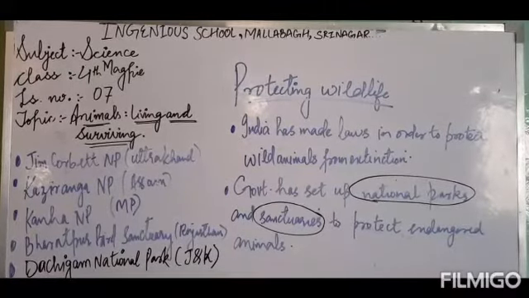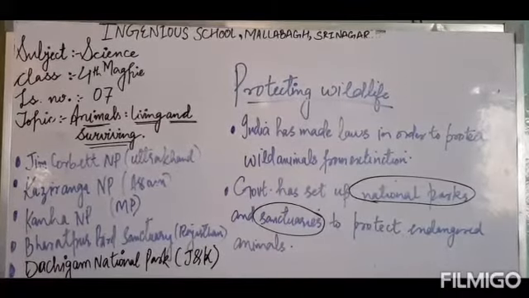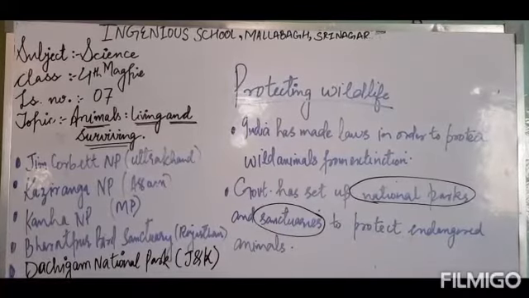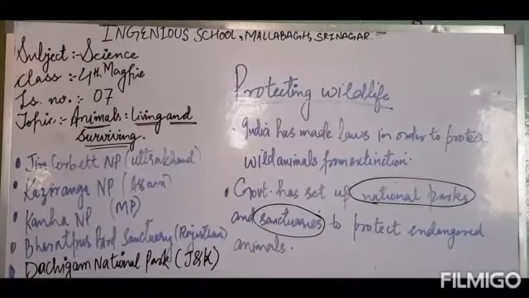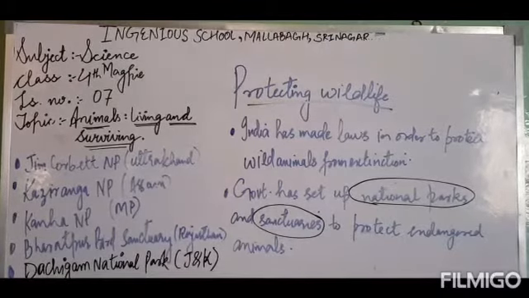And if someone is found guilty, he or she is punished as per the law. Got it? Also, the government has set up national parks and sanctuaries to protect these endangered animals.